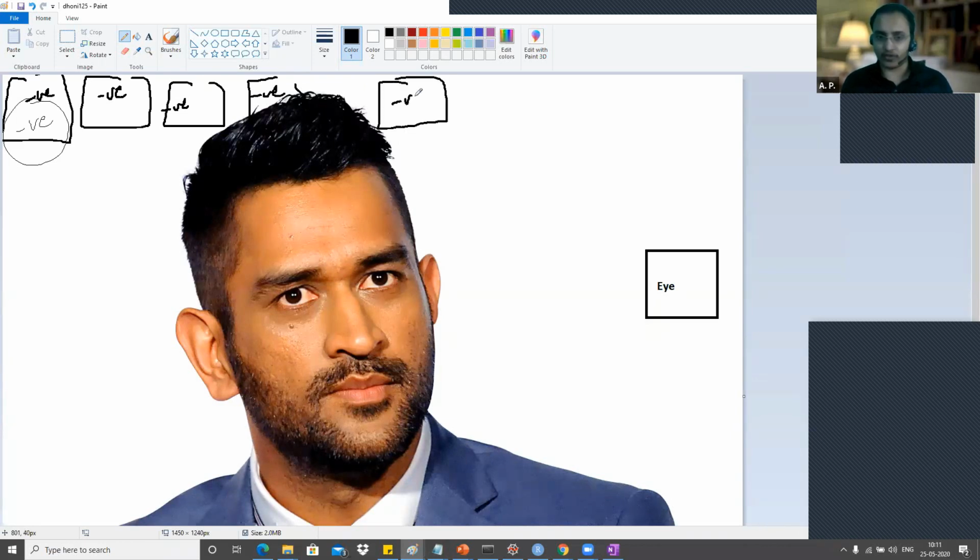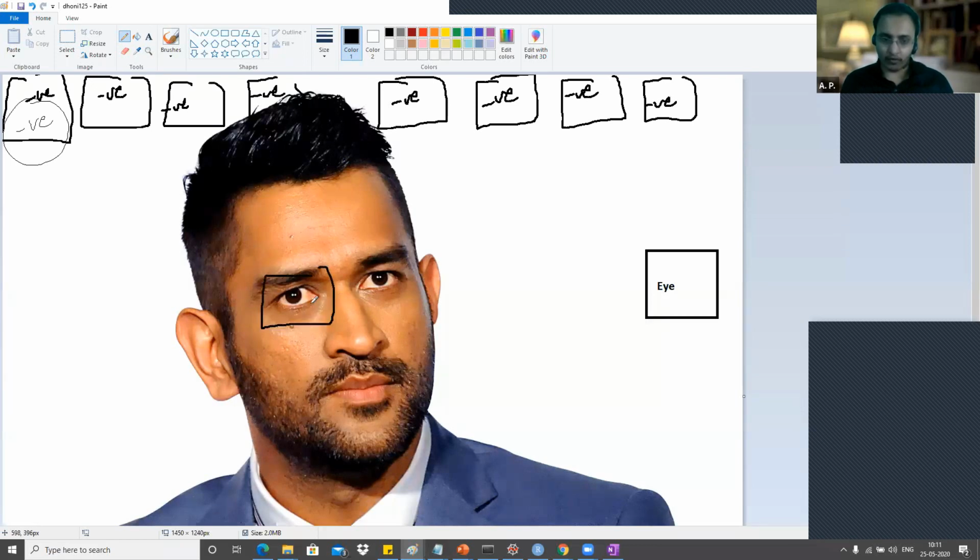If we take a filter of an eye and slide it through the whole picture, we'll have negative values on the background, and we will have a very positive value on the actual eye. Maybe the shape of the lips also looks much like an eye, so we may have a positive value there as well.